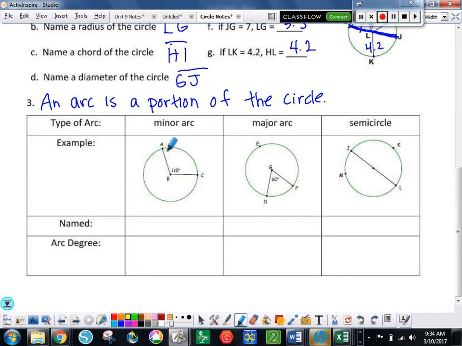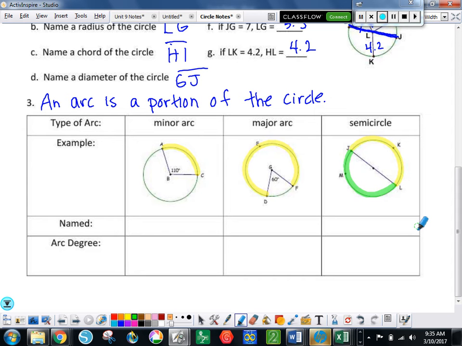The minor arc is that part of the circle. The major arc, semicircle. Now technically on this last one, how many different semicircles are there? Both halves of the circle are semicircles.